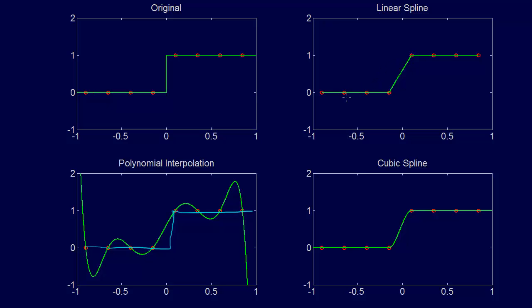Now, a linear spline simply has a straight line segment between every set of points. So a straight line here, a straight line between here and here, between here and here, and so forth. And actually, this looks pretty good. It's not that bad. Here's a cubic spline. It's just a higher order spline, and it also goes through the points, and it has this curve shape at the end point.